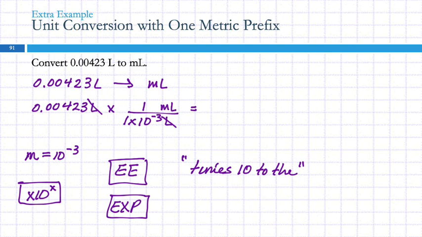So to enter this thing on the bottom, I'm going to go 1 EE minus 3. So on my calculator, I'm going to do 0.00423 times 1 divided by, and this is going to be 1, let's make it a different color, 1, and that EE button, and minus 3. And I'm going to get 4.23.